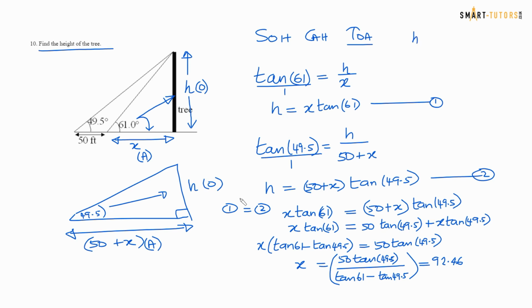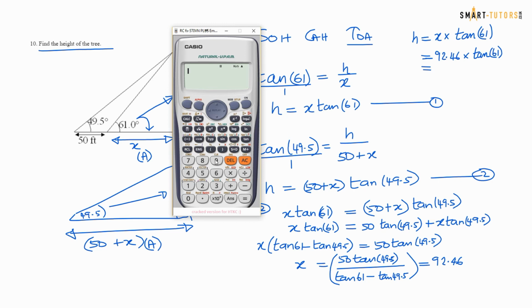Let me write it here. h equals x times tan 61. x is 92.46, so 92.46 times tan 61 equals 166.8.